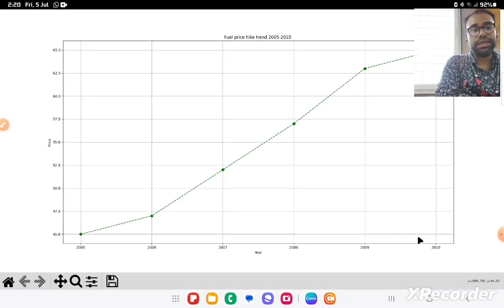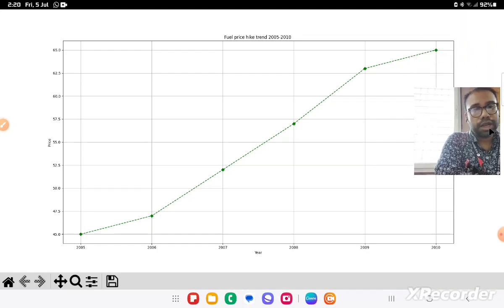You can see the output is coming here. On the x-axis we have the year, whereas on the y-axis we have the different prices mentioned. So in this way we can create simple, quite interesting line graphs using Python.